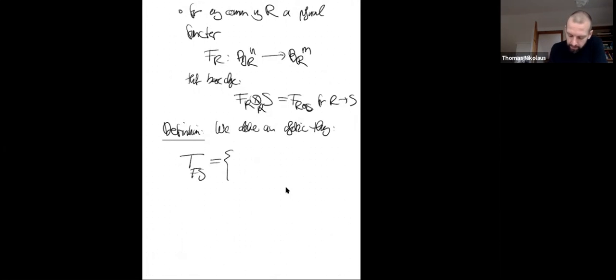In an algebraic theory, the objects are always the natural numbers, but I want to think of the natural number n as Proj Z to the n. And then the morphisms are strict polynomial functors from Proj R to the n to Proj R to the m.